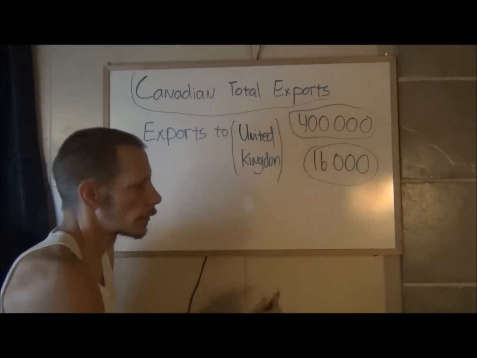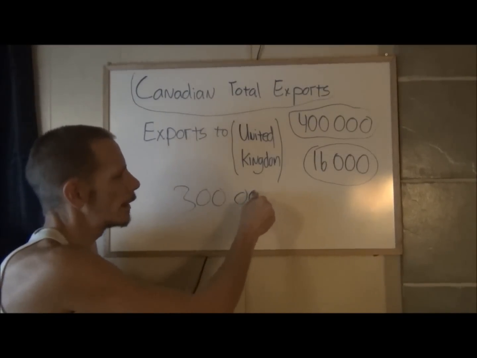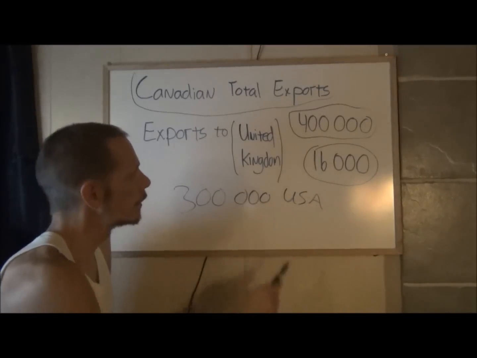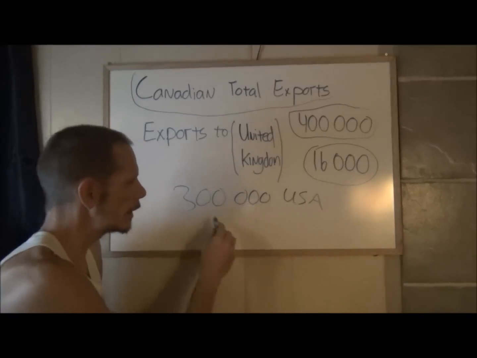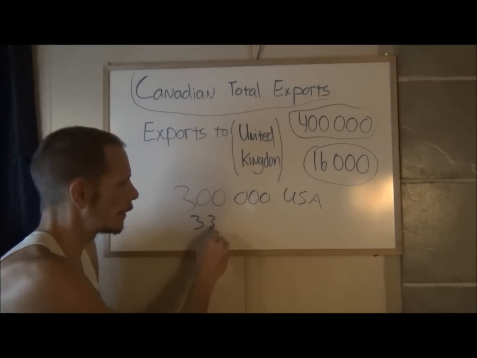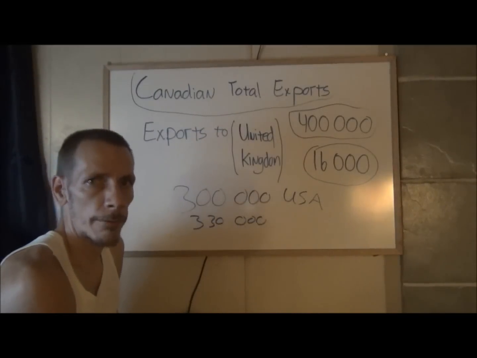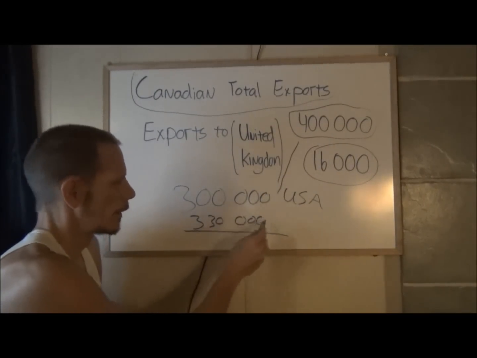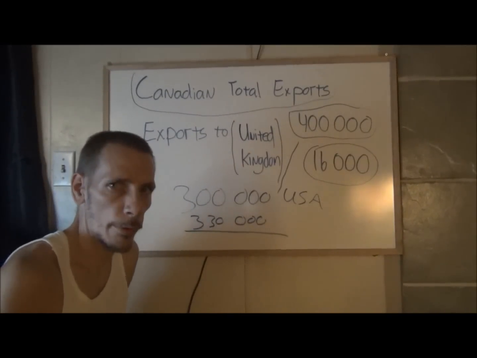That's it. So 300,000 are going to America, 16,000 to the United Kingdom, 14,000 to China. We're already up to 330 from the total of 400,000 that Canada has. So 70,000 units are left for all the little countries that we're exporting to.